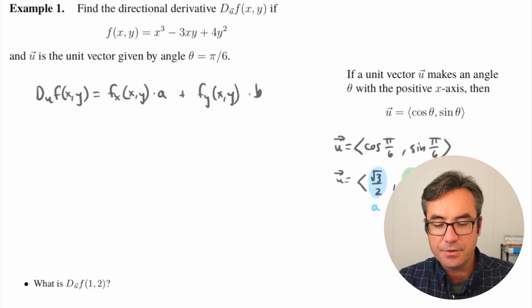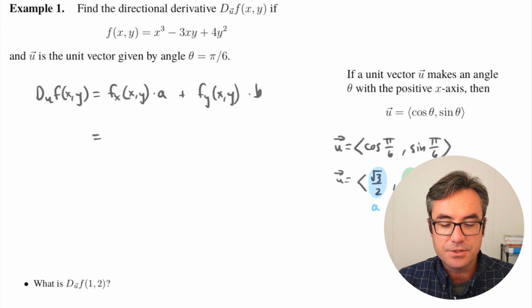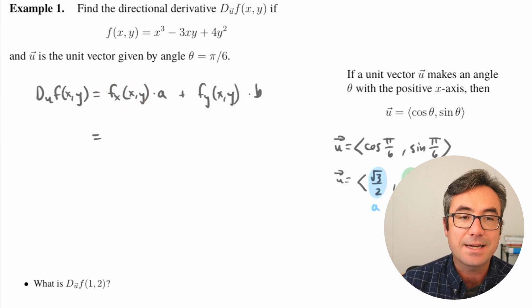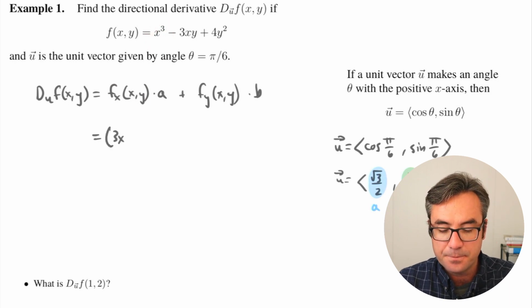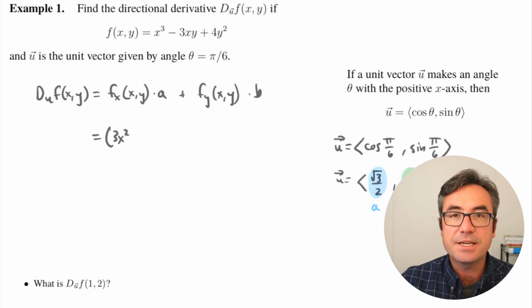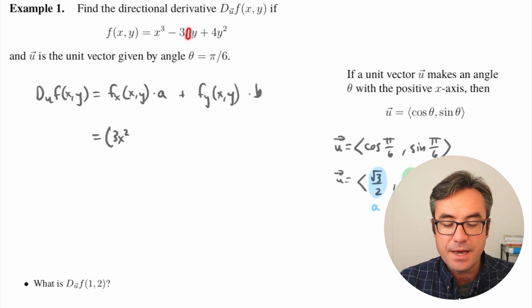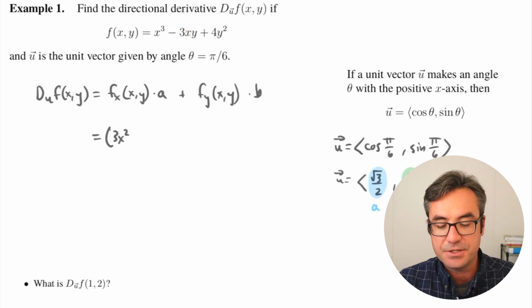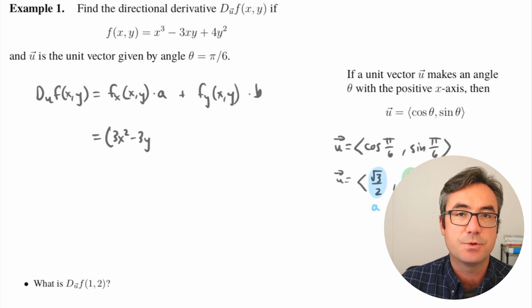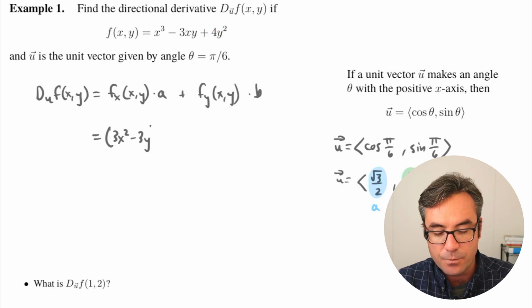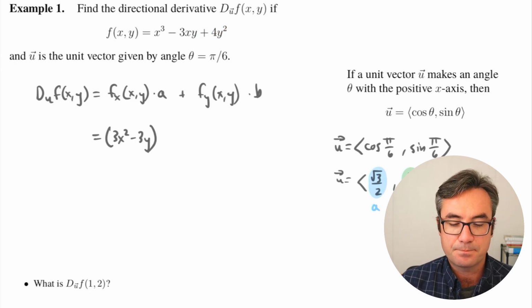So if we actually calculate the partial derivatives, let's look at the partial derivative for x. For the first term here, that would be 3x squared. Then the second term, the derivative of the x there is 1, so we're going to have our minus 3y left. And then for the last term, plus 4y squared, there's no x, so that just differentiates to 0 when we're doing our x derivative.